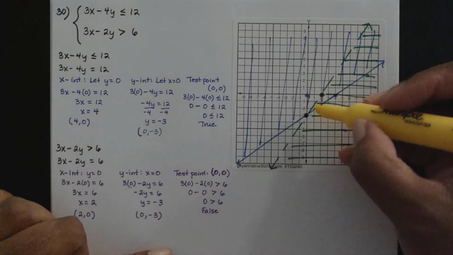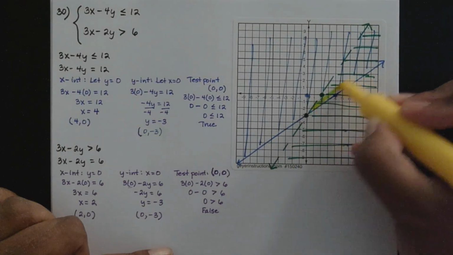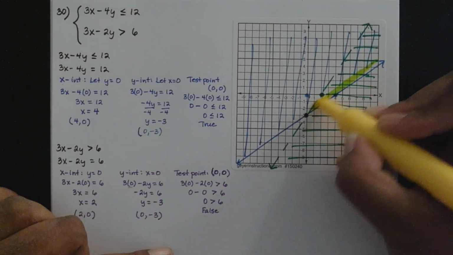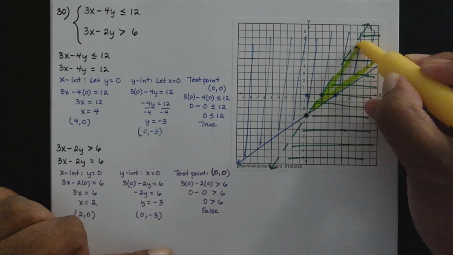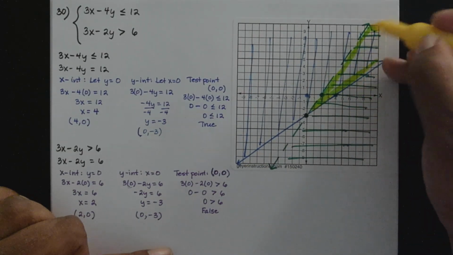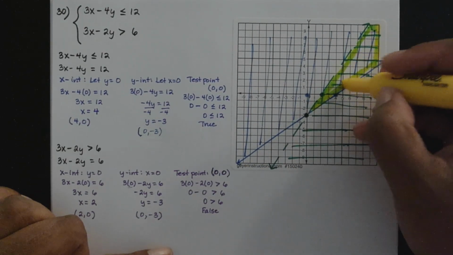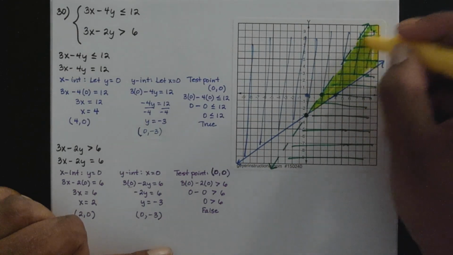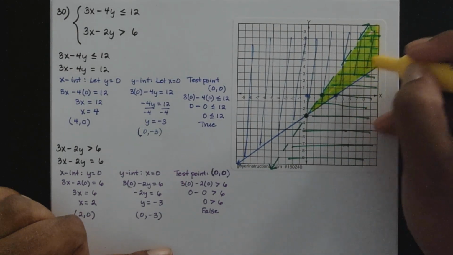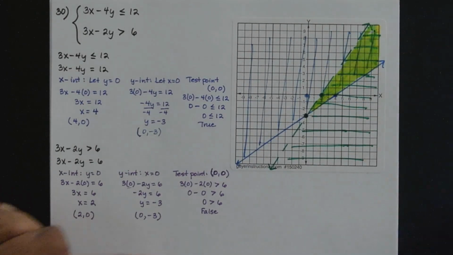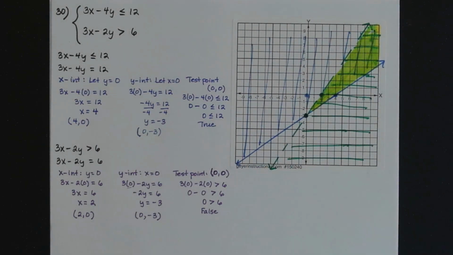So I'm going to shade this part right here. That's the shaded area, or the intersection of the two. That shaded region is the region that satisfies those two inequalities here. All right.